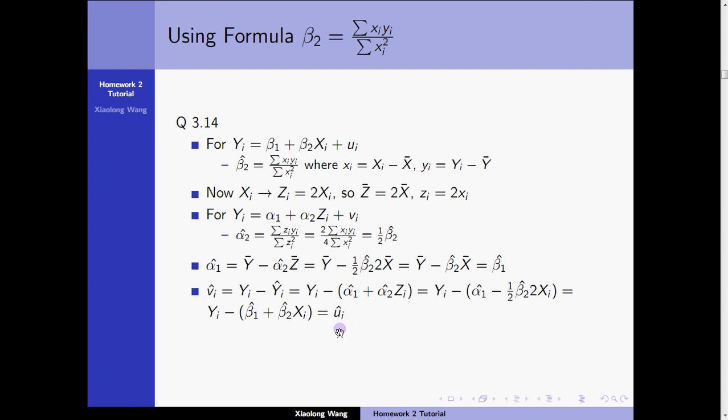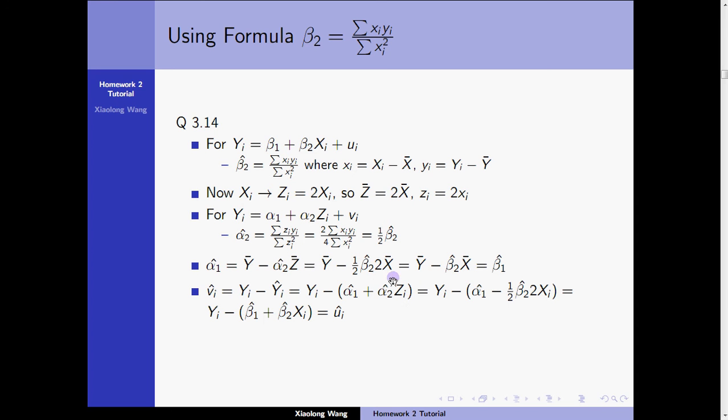How about the residual? We know the residual equals yi minus yi hat, which is the predicted yi. The predicted yi equals alpha 1 hat plus alpha 2 hat times zi.